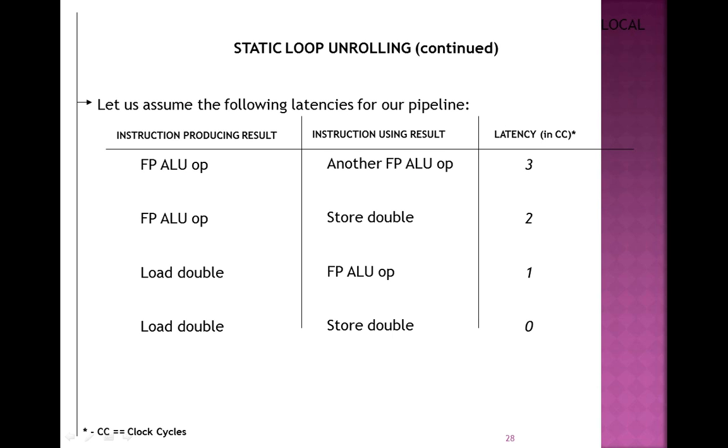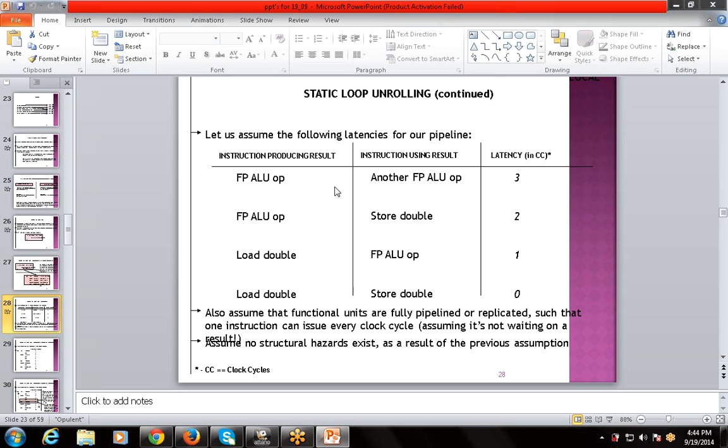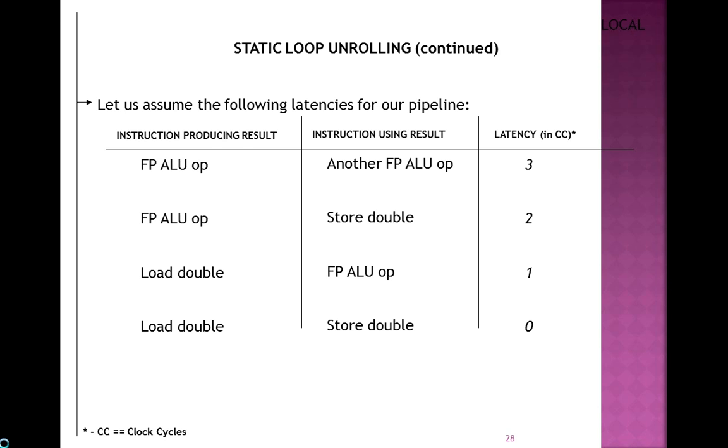Now the next slide is static loop unrolling continued. Let us assume the following latencies for our core pipeline. FP ALU operation to another FP ALU operation: the latency in CC is 3.